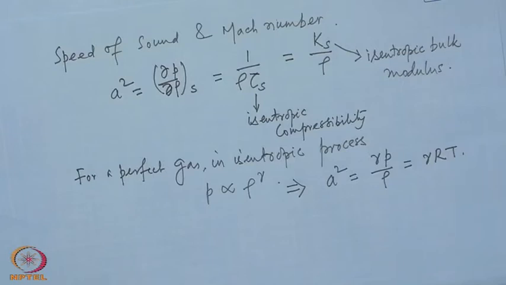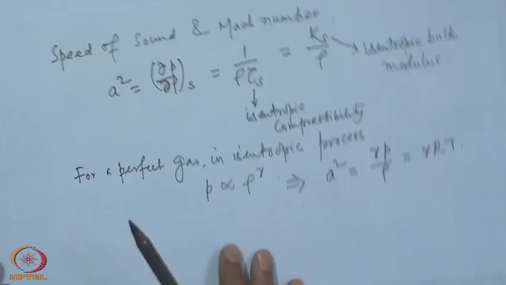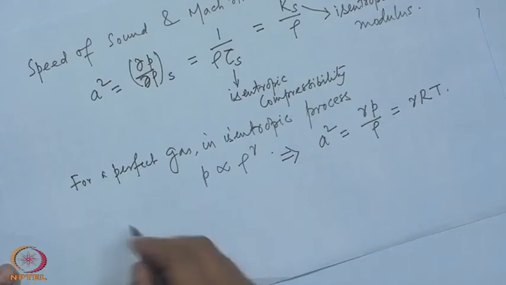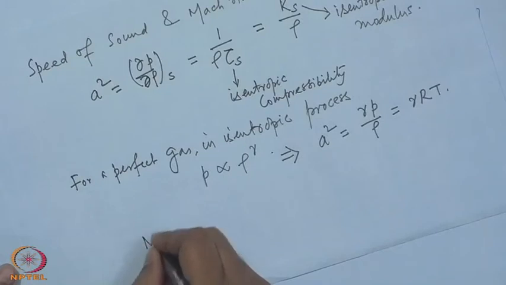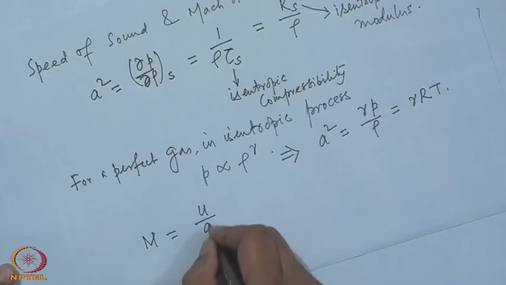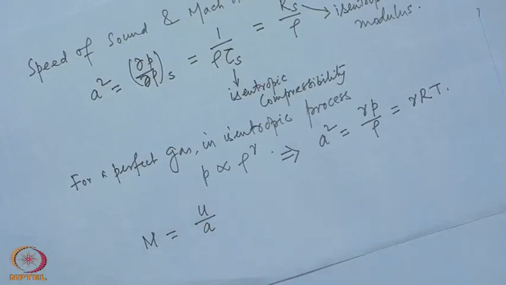Now in a flowing fluid the pressure, density and temperature vary continuously, and so does the speed of sound. The speed of sound is considered a significant measure of the effect of compressibility, and a dimensionless parameter is introduced to measure this effect, which is nothing but the ratio of flow speed to the speed of sound, called the Mach number.